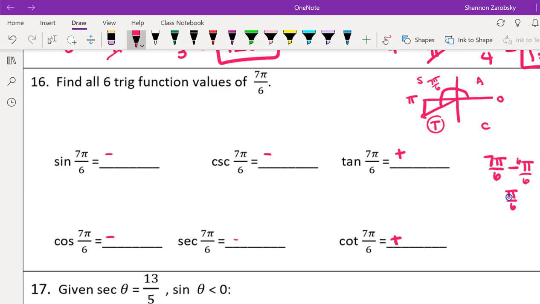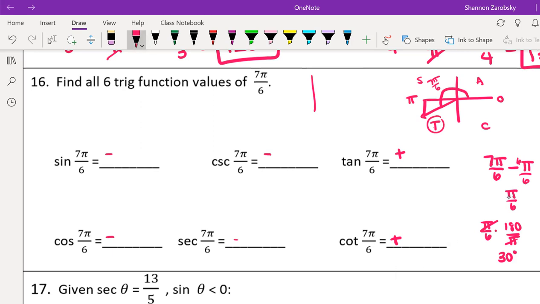Well, what is pi over 6 as a reference angle in degrees? Because if we know our 30, 60, 90 or our 45, 45, 90 triangle, then we can easily do that. So let's take pi over 6 times 180 over pi. The pi's cancel, and I have 180 over 6, which is 30. So we're talking about a 30-degree reference angle. So if I redraw my triangle, that's not a very good triangle.